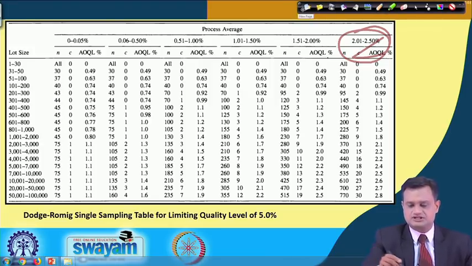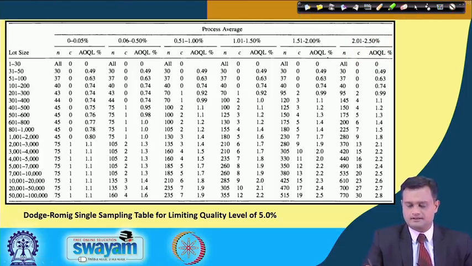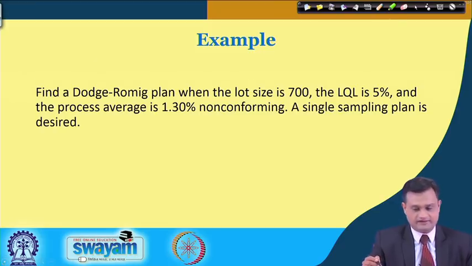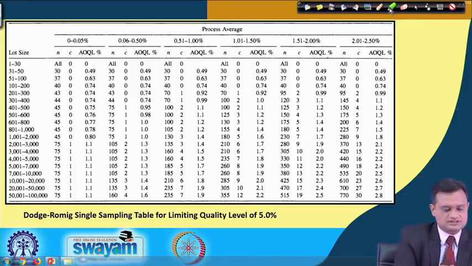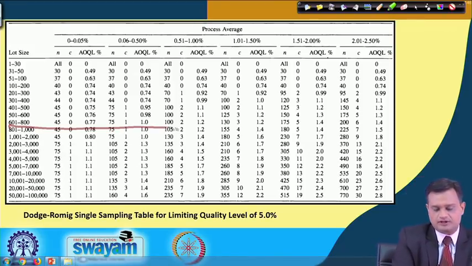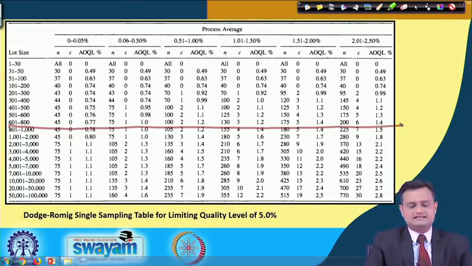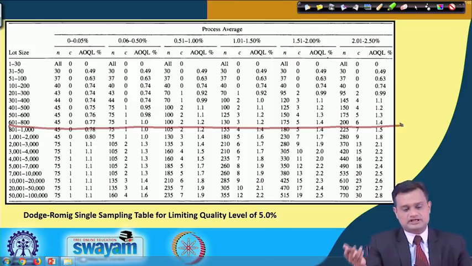Let us just see what the lot size was. You had the lot size 700, and if I go back, then 700 will fall in this particular row, and you can have n is equal to 200, c is equal to 6.